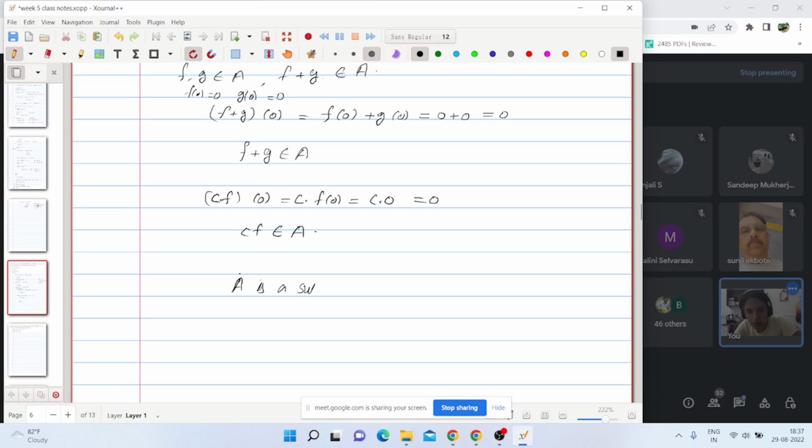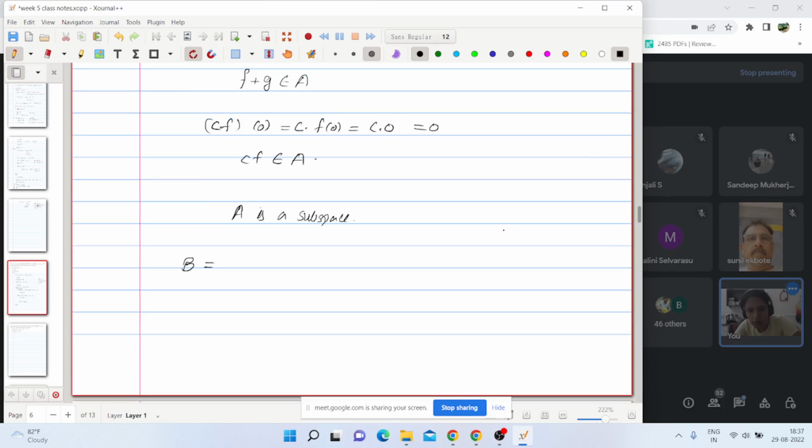Now the second one is B. B means the set of all functions in V with f of 0 equal to 0 and f of 1 equal to 0. The set of all f in V such that f(0) equals 0 and f(1) equals 0.